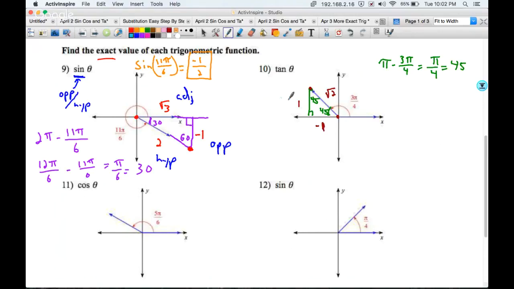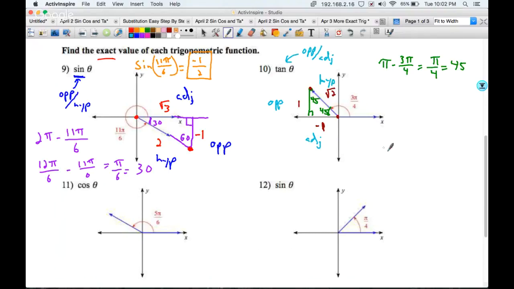Let's label things up based off that angle closest to the origin. This would be the opposite, this would be the adjacent, this would be the hypotenuse. Tangent is opposite over adjacent. All right, that's what the TOA at the end of SOHCAHTOA stands for.